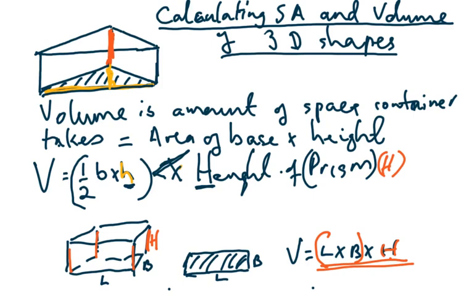Not all the bases are rectangular. Some bases will be circular, others will be triangular, and so on. So it is better to define volume to the children as area of the base multiplied by the perpendicular height. Good. So then let's move on to the next shape.